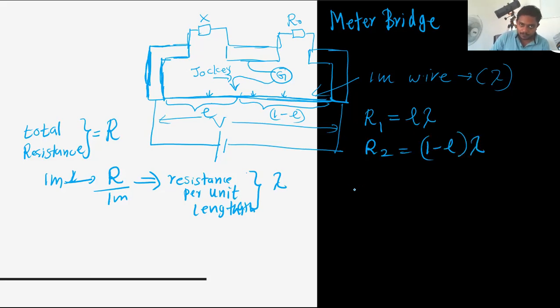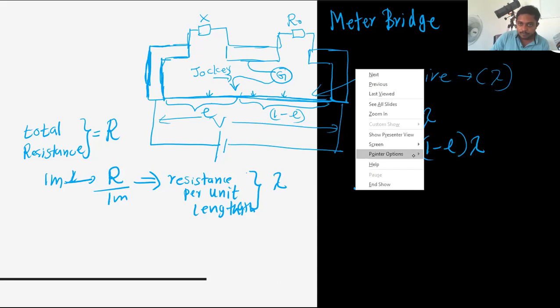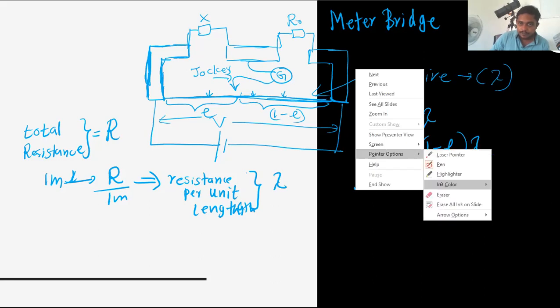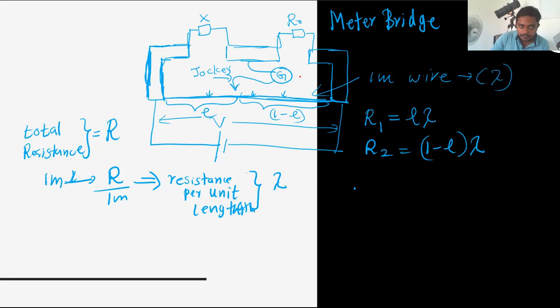The important thing is that we need to make the galvanometer reading 0. The galvanometer current is 0. If the current is 0, this simply represents a Wheatstone bridge.